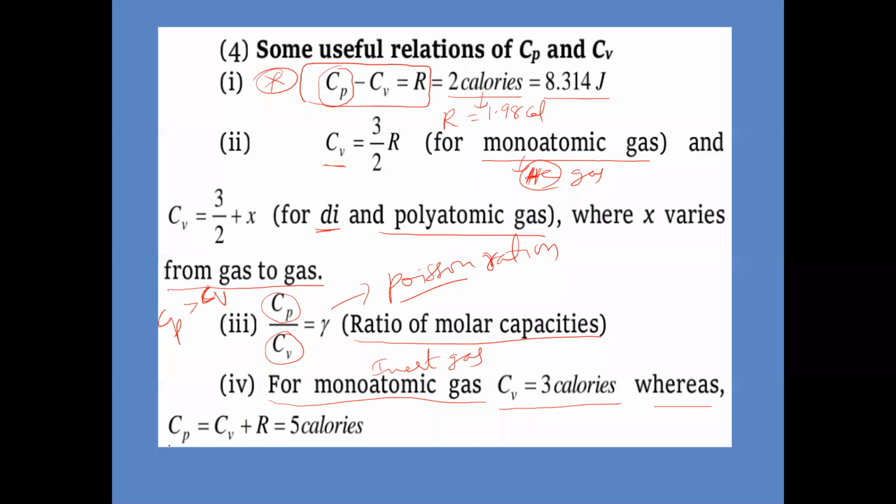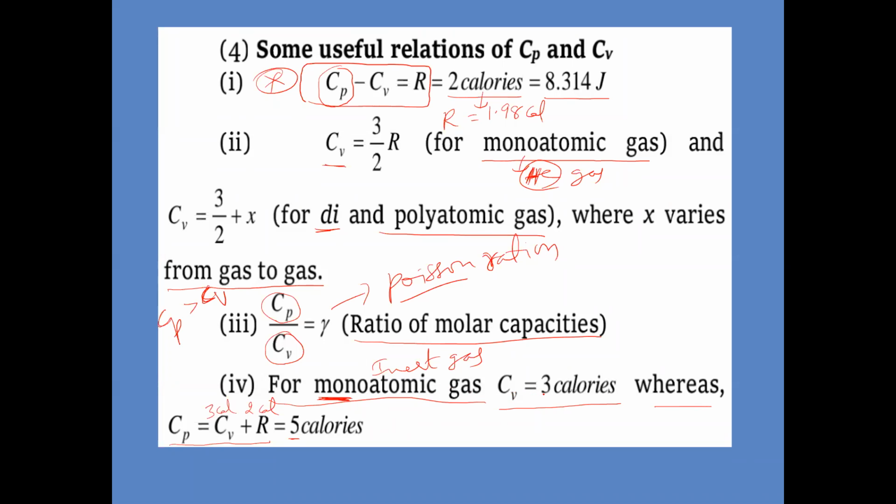Whereas CP is equal to CV plus R. CV is 3, plus R value, 2 calories. 3 plus 2 is 5 calories. So for monoatomic gases, especially remember, the CV value is 3 calories. It is an observed value.